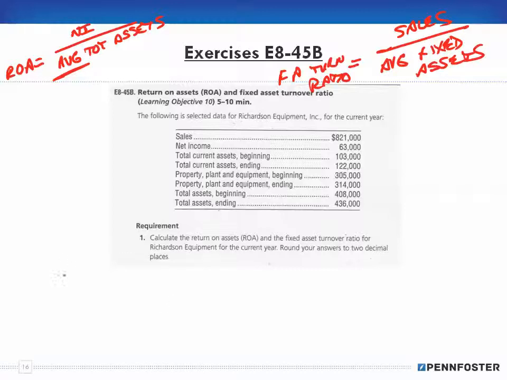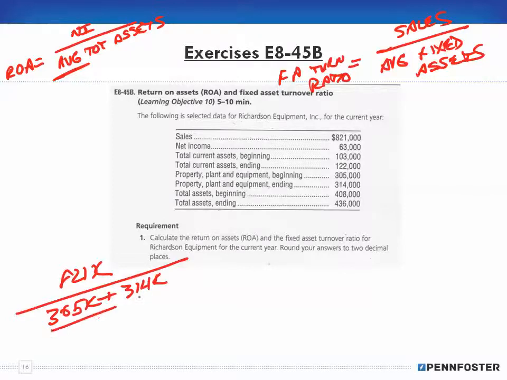In this case, our sales are 821,000, and our average fixed assets are 305 plus 314, and we're dividing that by 2 because it's an average.